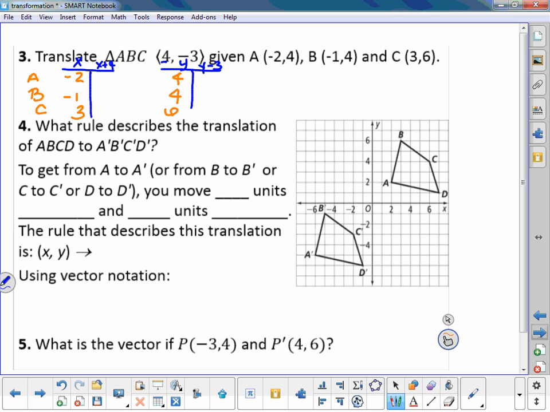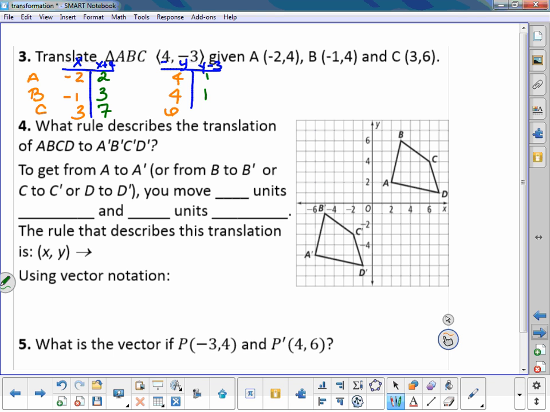So if I add 4 to all my x values, negative 2 plus 4 is 2. Negative 1 plus 4 is 3. 3 plus 4 is 7. Do the same thing with the y. It's going to be y minus 3. So 4 minus 3 is 1. 4 minus 3 is 1.